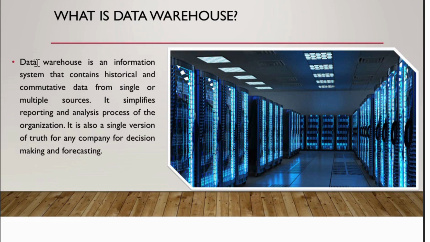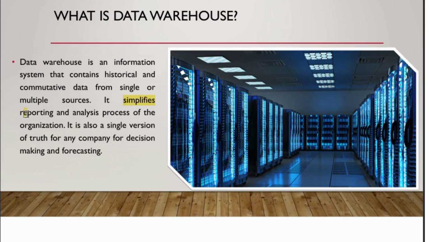So let us read the information given here. Here it says that data warehouse is an information system that contains historical and cumulative data from single or multiple sources. That's what it said, like centralized information source which contains historical data from multiple sources. It simplifies reporting and analysis process.